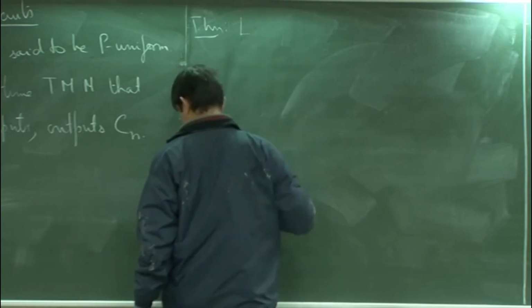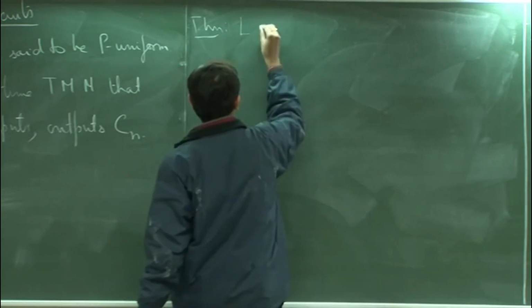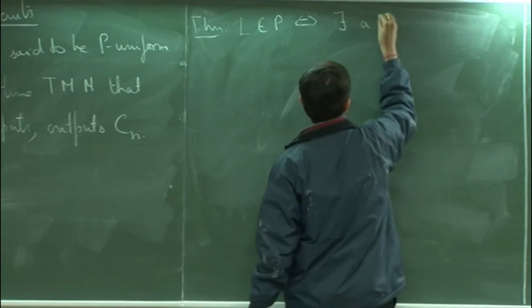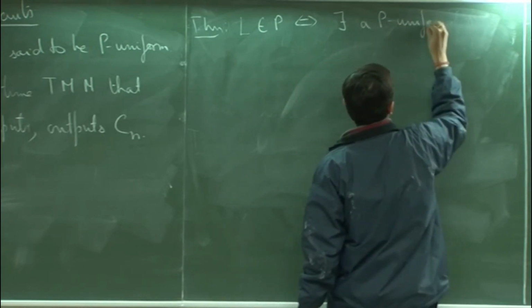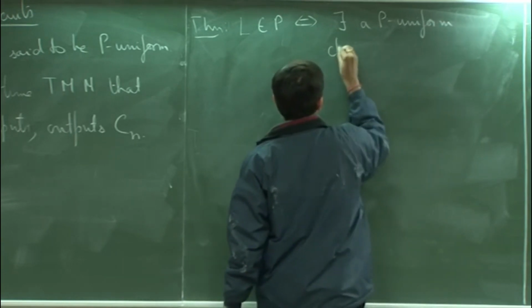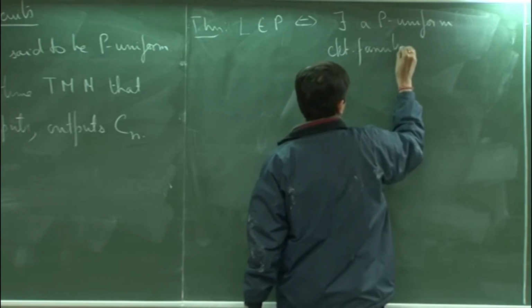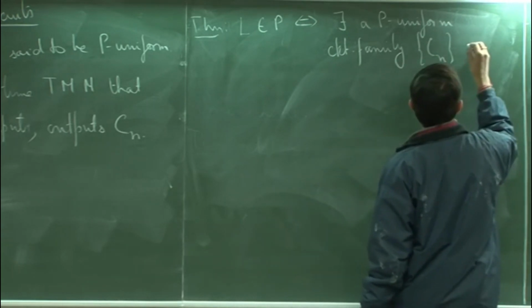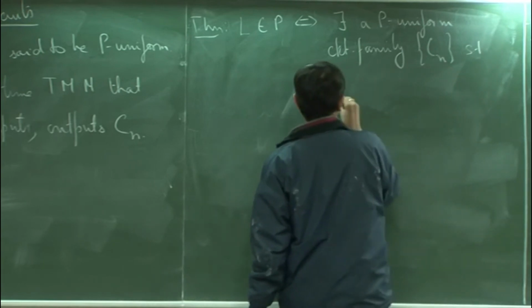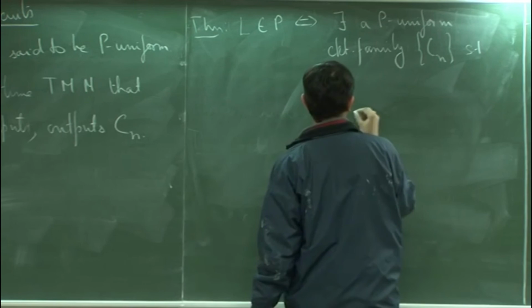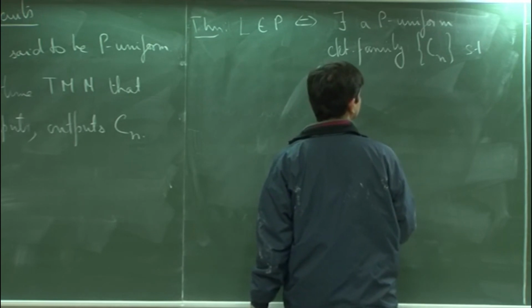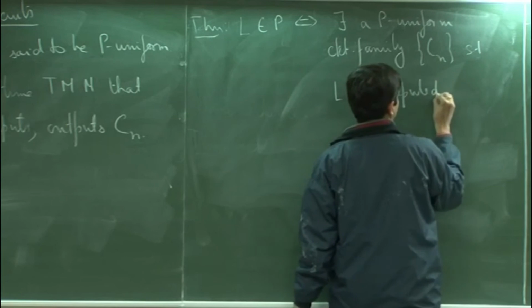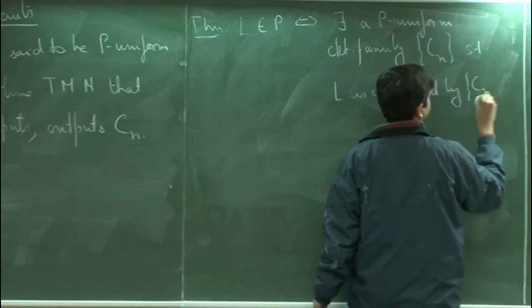A language L is in P if and only if there exists a P-uniform circuit family Cn such that L is computed by this family.